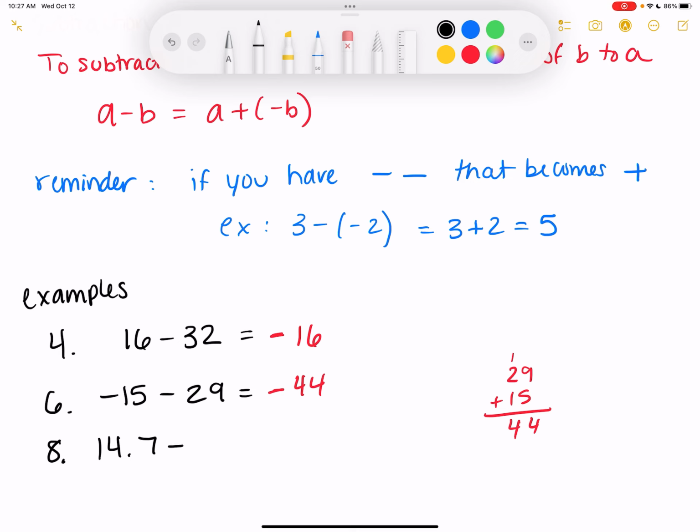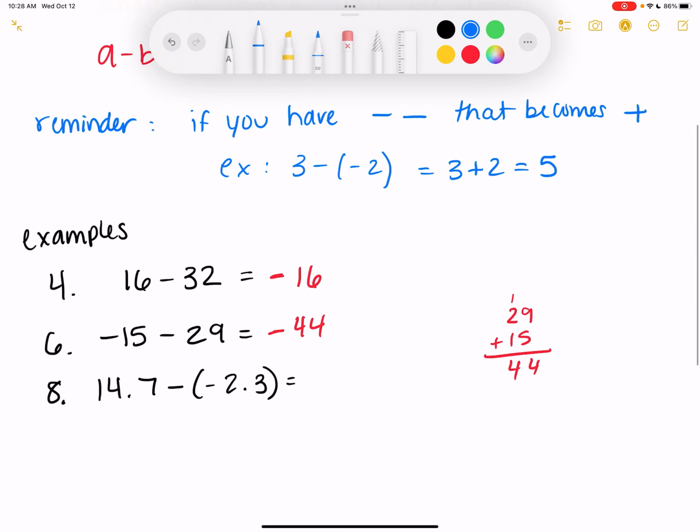Number 8, 14.7 minus a negative 2.3. So this one, we have this double negative situation here. So the two negatives that are touching become what? Plus, positive. Yep, so it's going to become positive, so it's 14.7 plus 2.3.